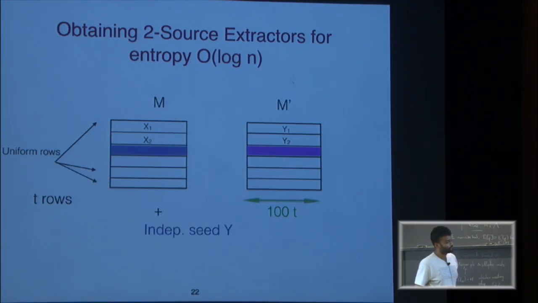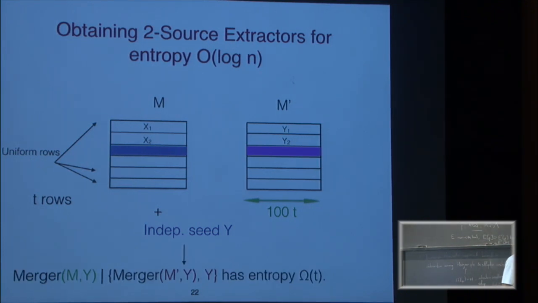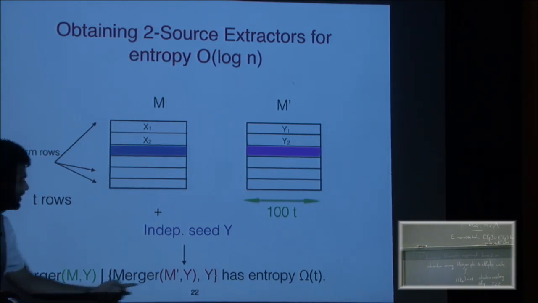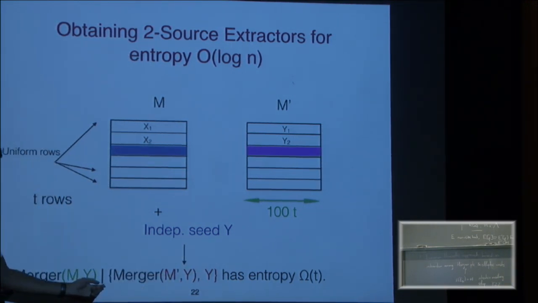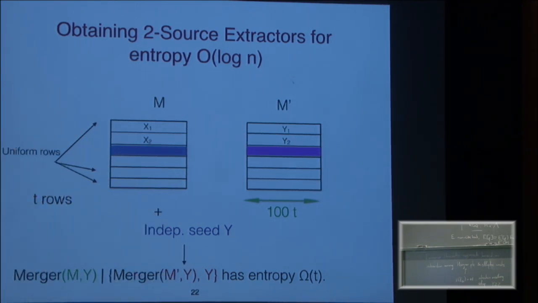And now you're allowed to use an independent seed to output. So this function merger takes in this matrix M and the seed Y, and you'd want the output to contain some entropy conditioned on the merger's output on M prime and Y as well.